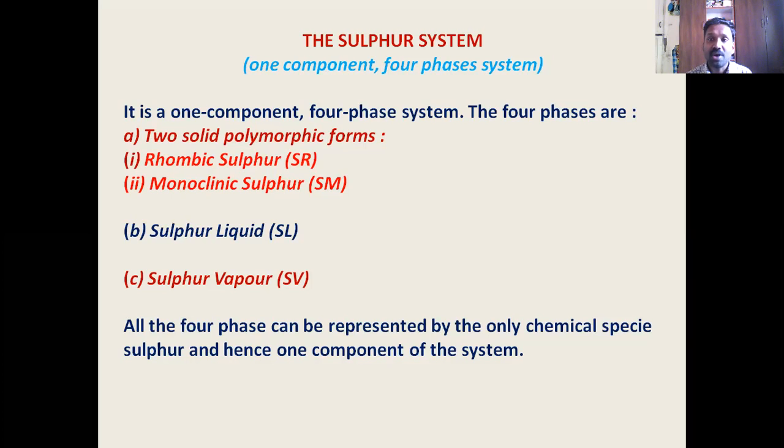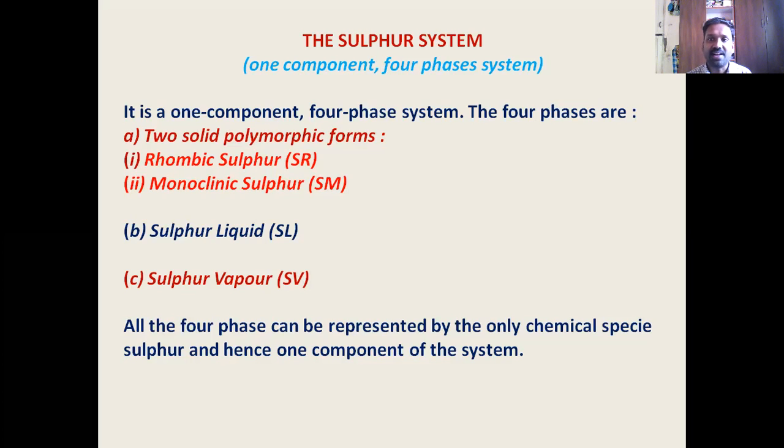Okay. Hope you have heard of or you may be studying crystal structures in your chemistry syllabus, and you have heard of this word called polymorphism in crystals. What do we mean by polymorphism? The same compound exists in different crystal structures. That is called polymorphism. Same thing happens to sulfur also.